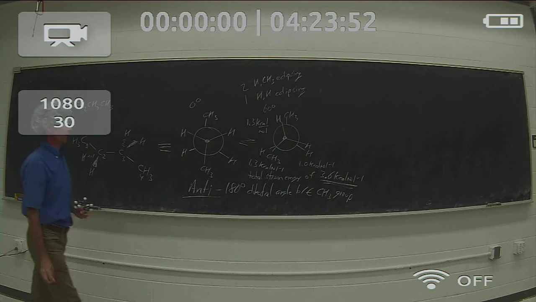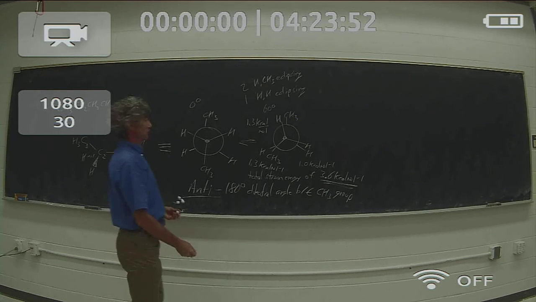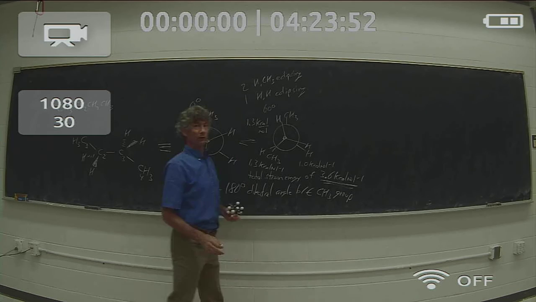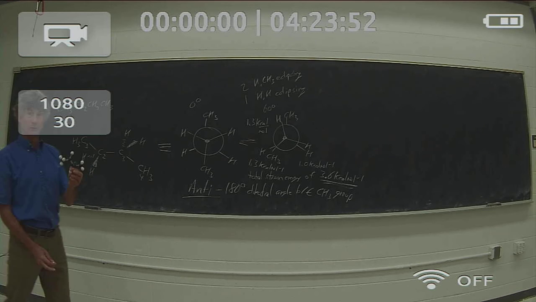The sum of the two 1.3 and the 1.0 kilocalories per mole. And that turns out to be exactly where that eclipsed conformer shows up on the energy diagram of butane, which you can see in your textbook.